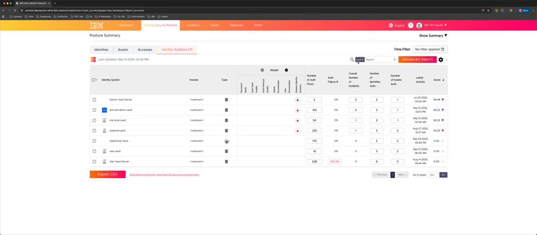In this case, I just did a generic search on Vault. It brought up a few HashiCorp Vaults and some others such as AWS Vault, which is our HashiCorp Vault in AWS, and we'll extend support for different types of secret managers and vaults in the future.